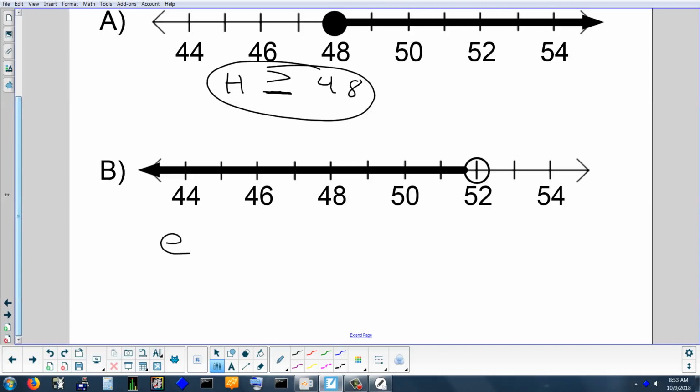What kind of circle do I have this time, Nicole? Open. So that tells me whatever symbol I use, it's not going to have the line under it. Should the symbol point left, or should it point to the right? It's going to point left. And what's the name when it points left?